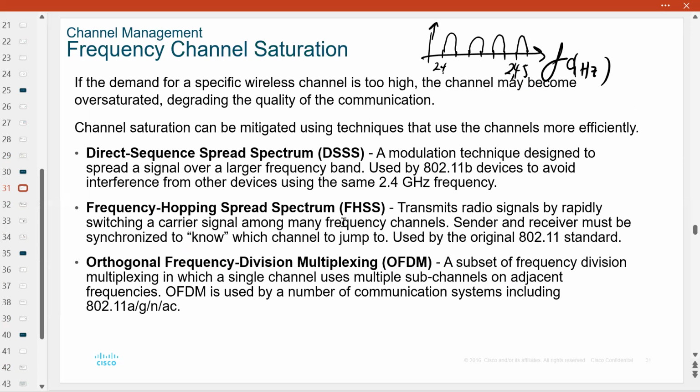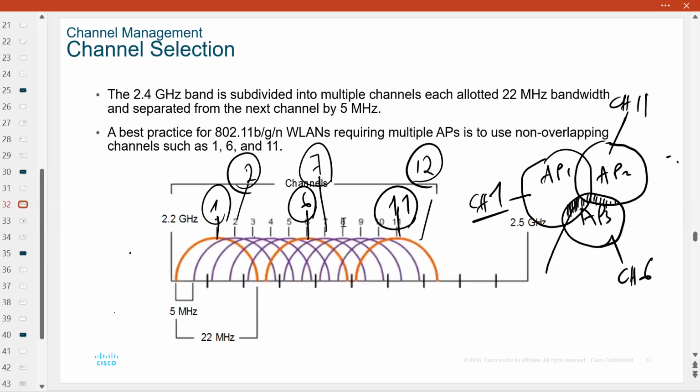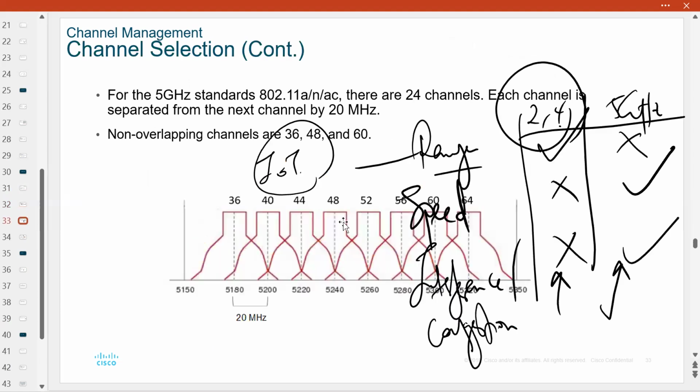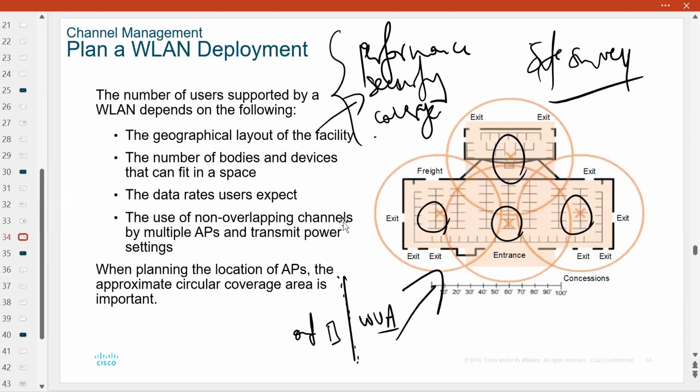You're going to have interference. So it all starts with understanding the channels. Which channels am I going to use so that I don't get interference? Very important to understand the issues to do with channels. 1, 6, 11 are the channels that I can use without having interference, even if they are overlapping.